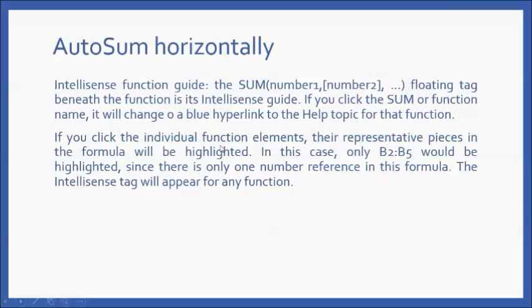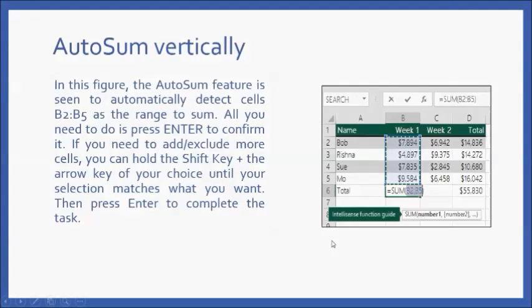If you click the individual function elements, their respective pieces in the formula will be highlighted. In this case, only B2 to B5 would be highlighted since there is only one number reference in this formula. The IntelliSense tag will appear for any function. So this is the IntelliSense function guide.